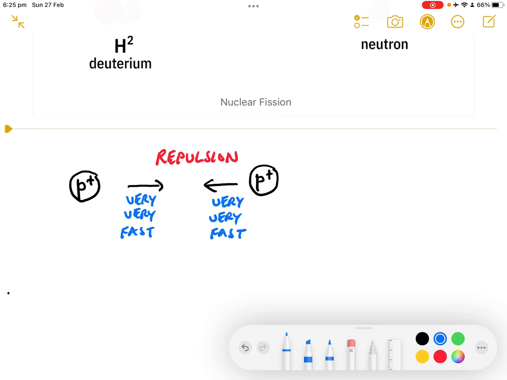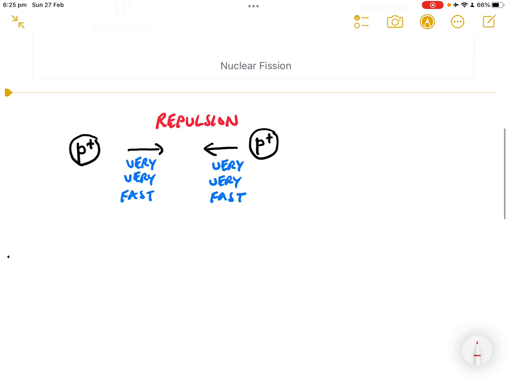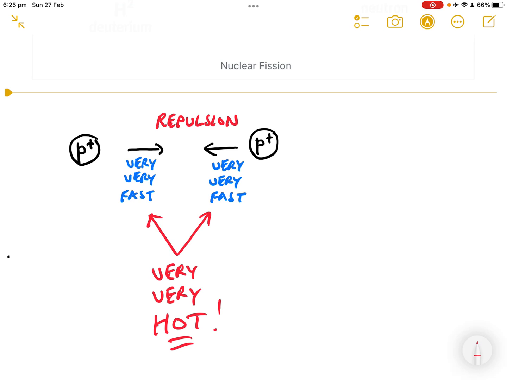Now, when we move particles very, very fast, what that basically means is that the substance is very, very hot. Because fast-moving particles are very hot particles.